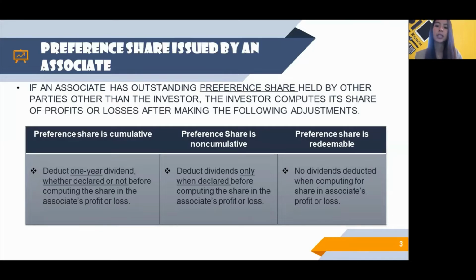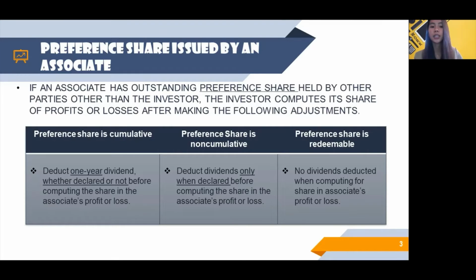So, in preference share issued by an associate naman, sabi, if an associate has outstanding preference share held by other parties other than the investor, compute its share of profit or loss after making these following three adjustments. So sabi sa una, kapag yung preference share is cumulative, so we deduct 1 year dividend.